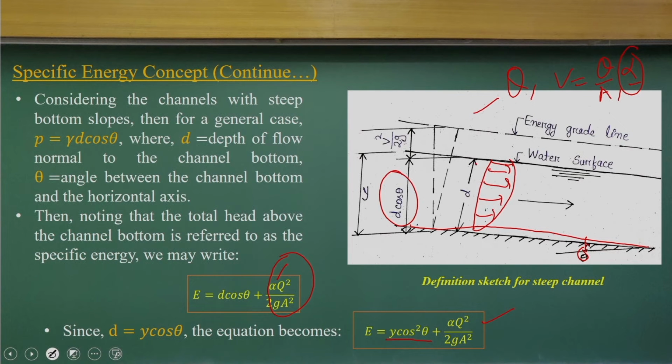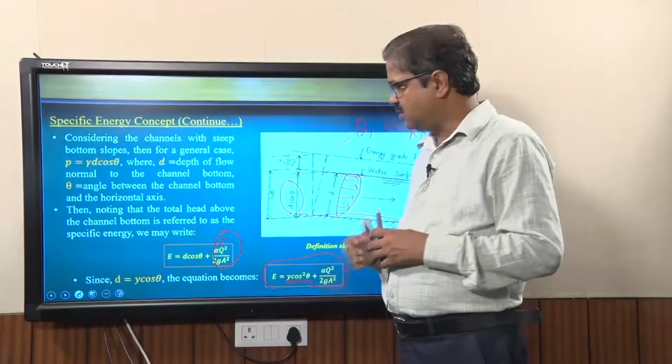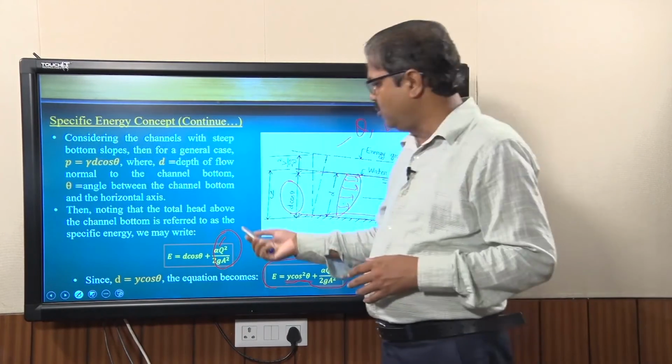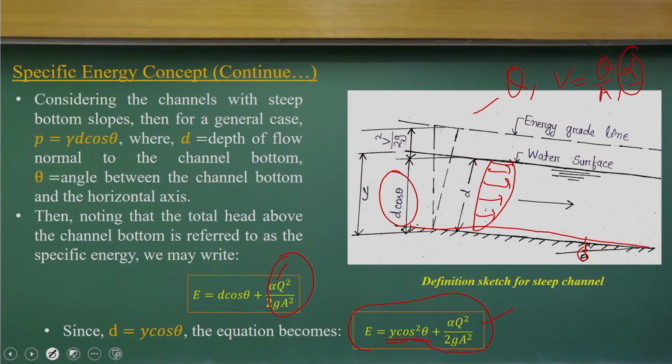We can write the specific energy in a more detailed form for real river conditions, where there is angle theta and velocity distributions, as well as considering y as the normal depth, the projection part. With simple geometry, we get the specific energy as y cos square theta plus alpha Q square by 2 g A square, nothing else.